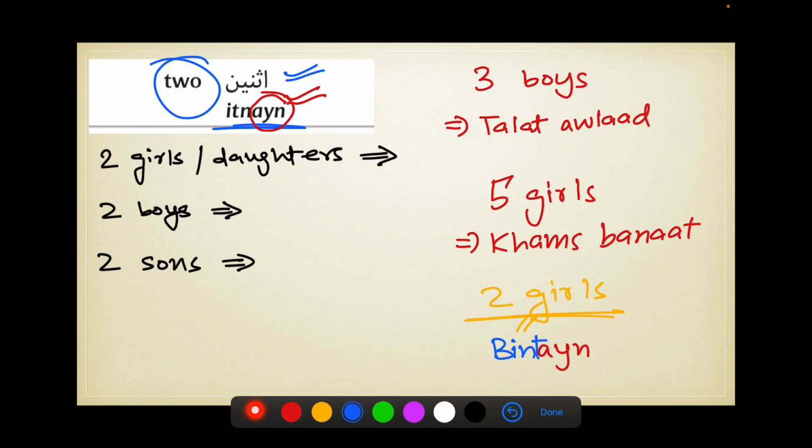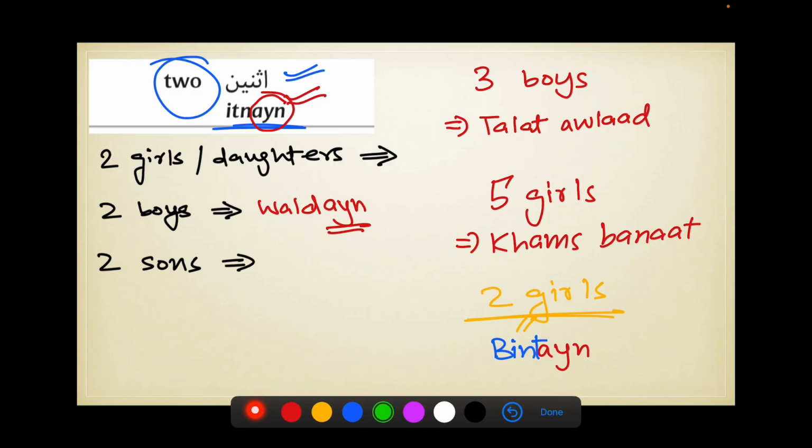So it will become bintain. Applying the same rule, for 2 boys, the singular for boy is walad, and 2 boys will be waladan.